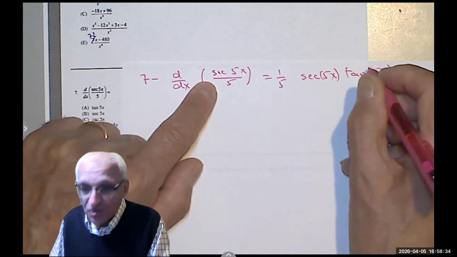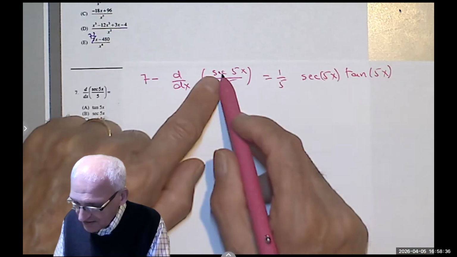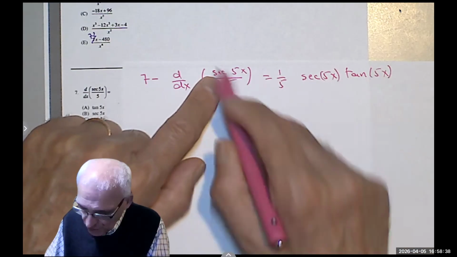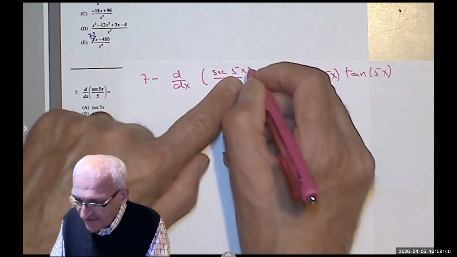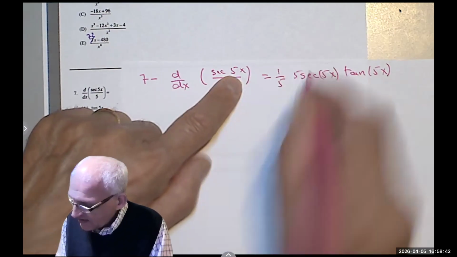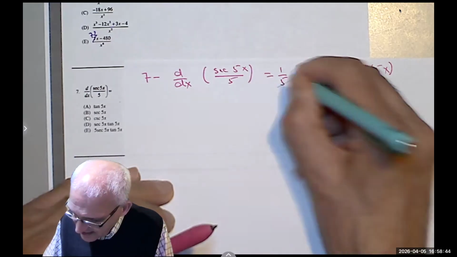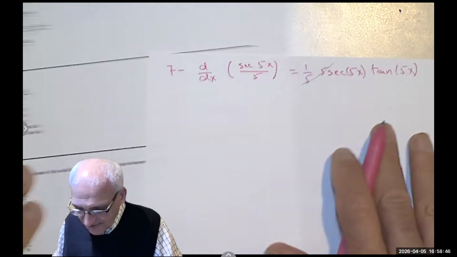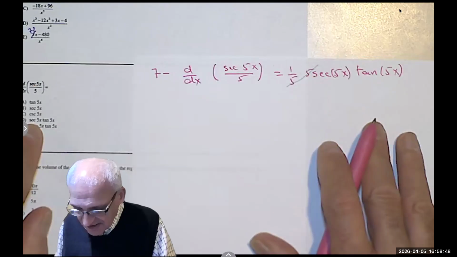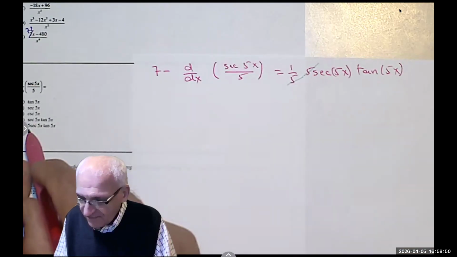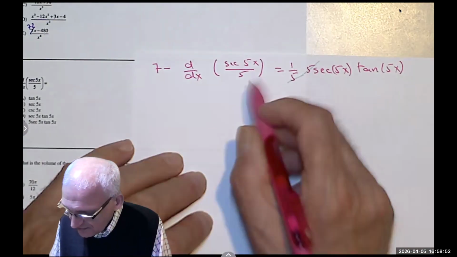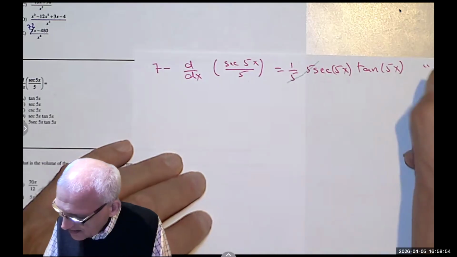Notice the chain rule: after you take the derivative of the secant, you go inside and see 5x, and the derivative of that is 5. So the 5 and the 5 cancel, and you get secant 5x tan 5x, which is d. And sure enough, they give you the 5 here to trick you if you forget the 1/5.